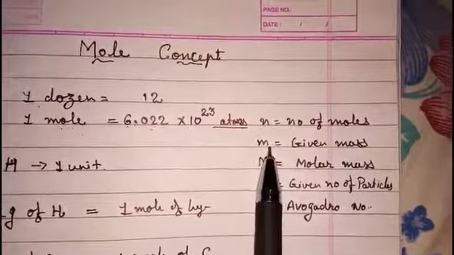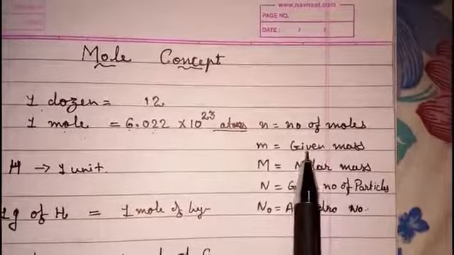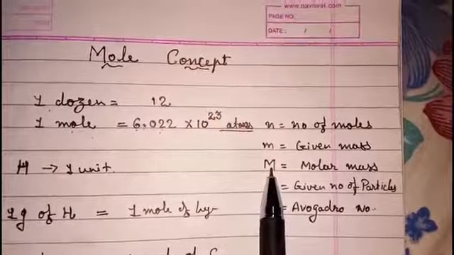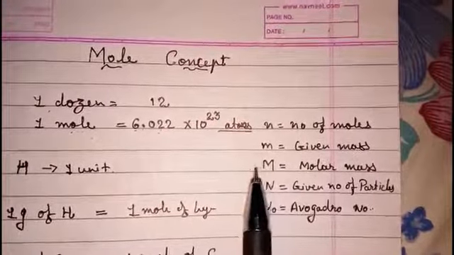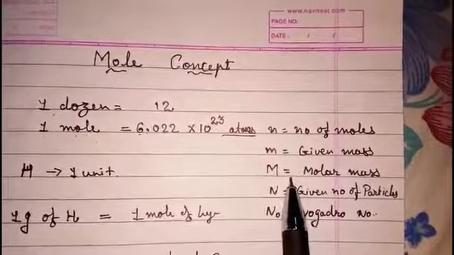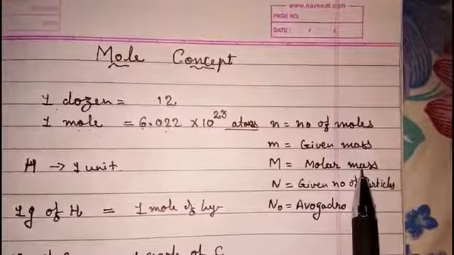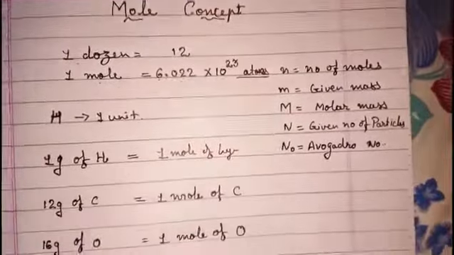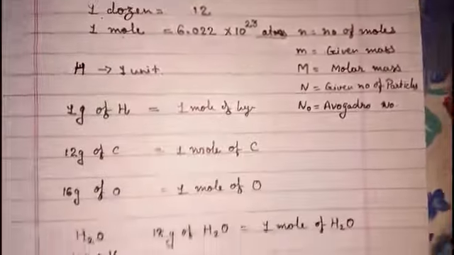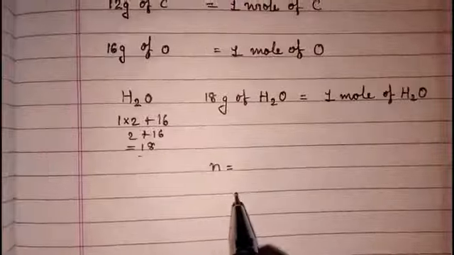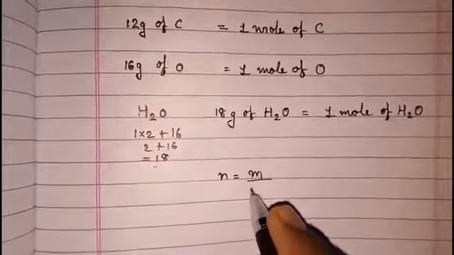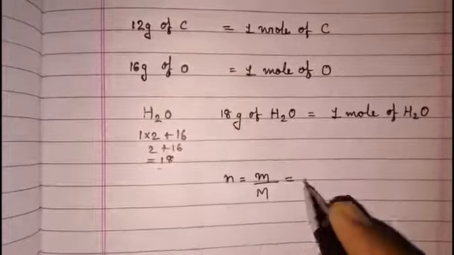Small m is used for given mass, if they are giving us some mass. And capital M is the molar mass, that is, the mass of that element or molecule is called molar mass. These three things are necessary for my first formula. Now, n is equal to small m upon capital M.